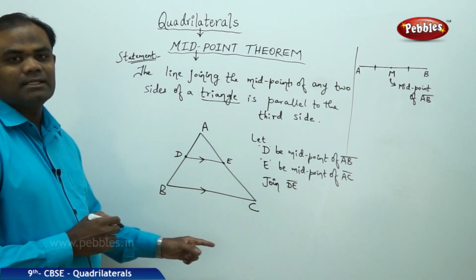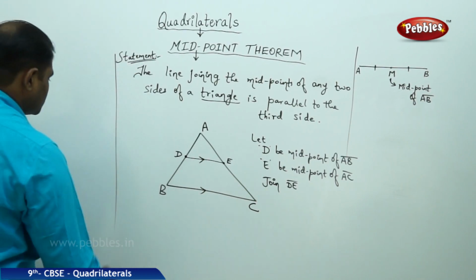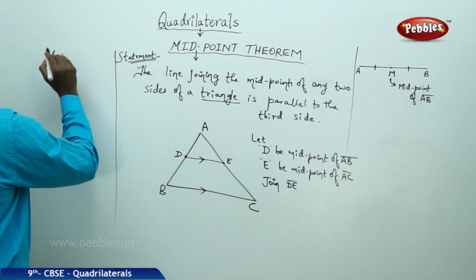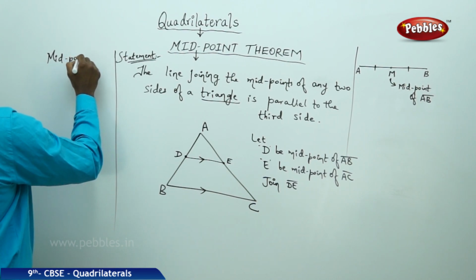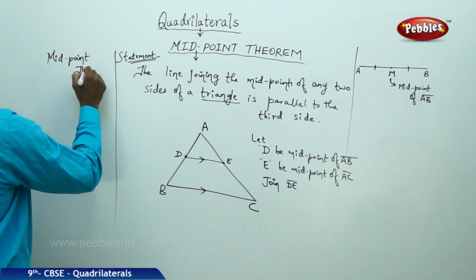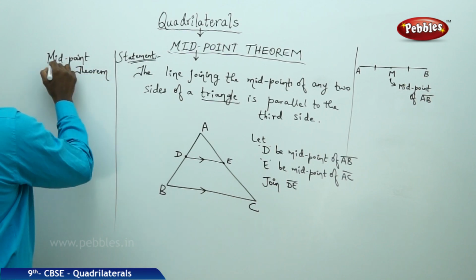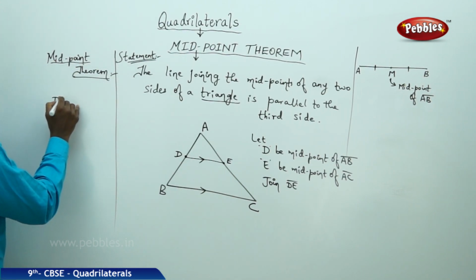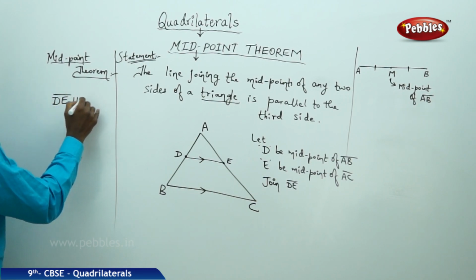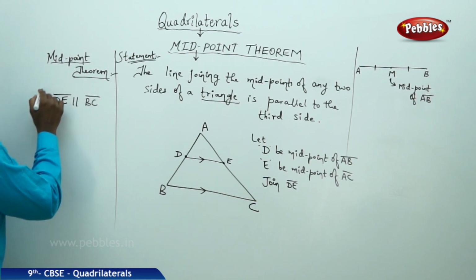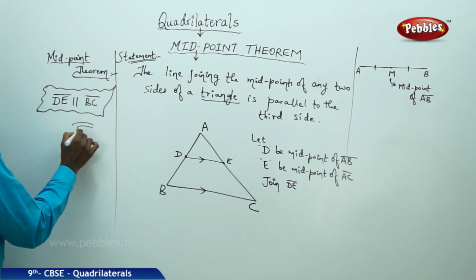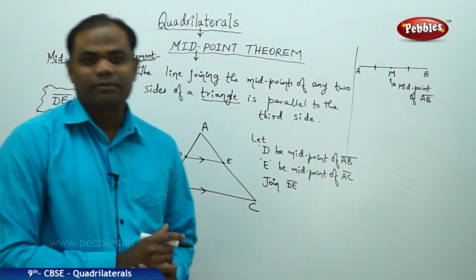So once I get DE, now the midpoint theorem says that DE is parallel to BC. Is how I understand the midpoint theorem.